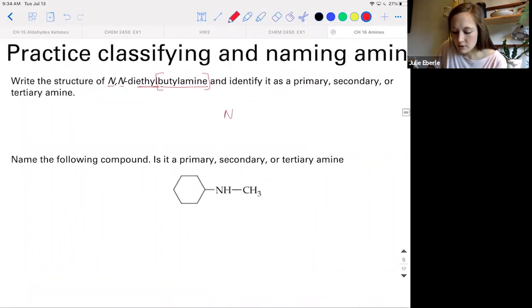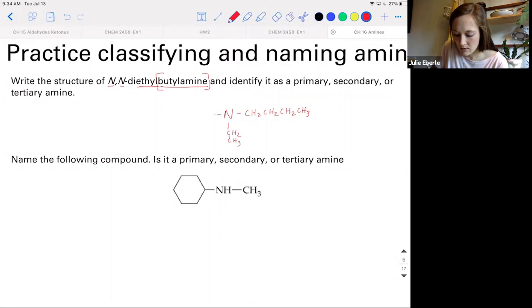So I'm going to start drawing it too. Here's my butyl group. Okay, 4 carbons there. And then I have diethyl, CH2, CH3. You can put the bond there if you want.